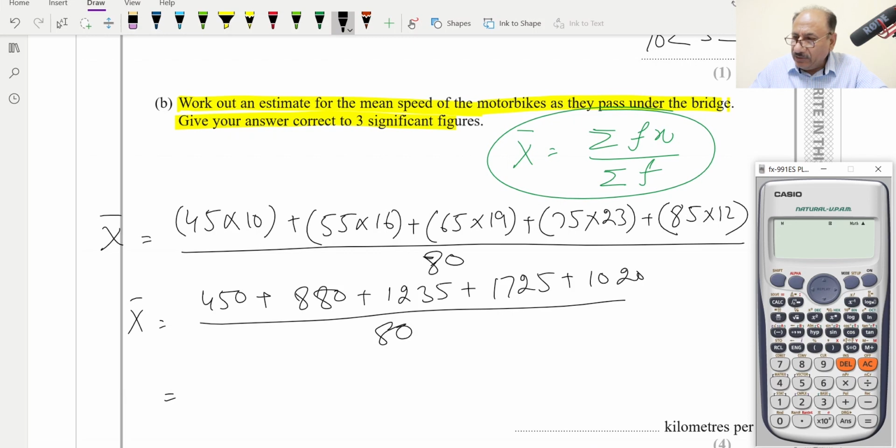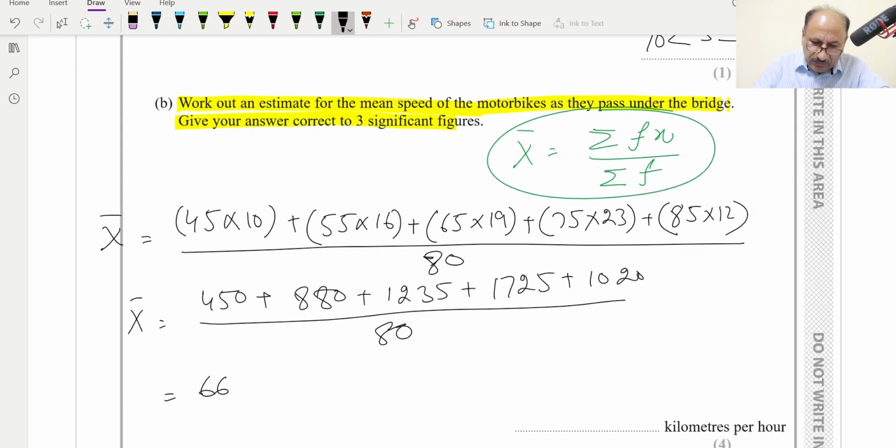Now we will be adding all this in fraction form. 450 plus 880 plus 1235 plus 1725 plus 1020, divided by 80, and this is equal to 66.375. 66.375, and the answer should be in three significant figures.